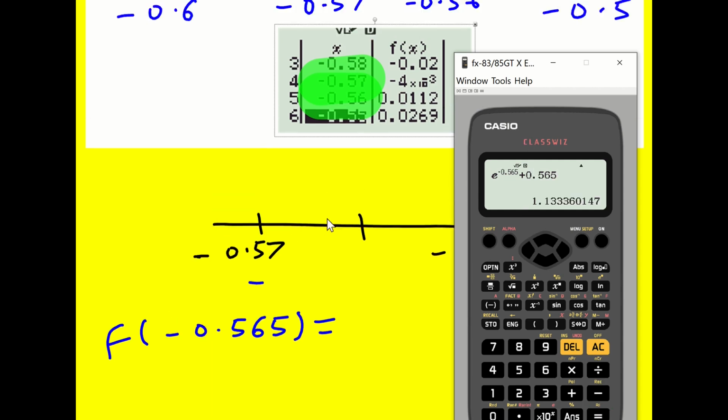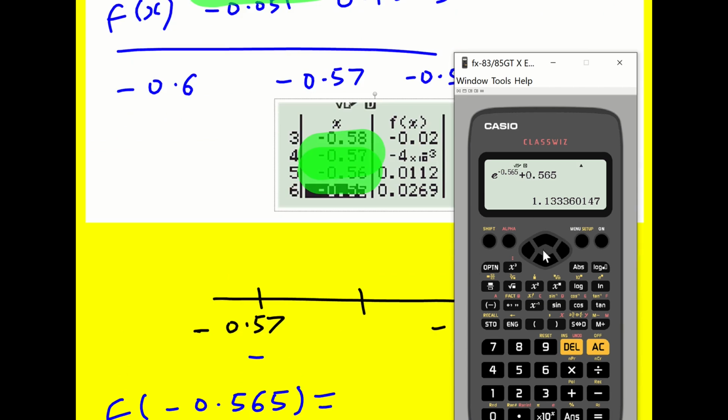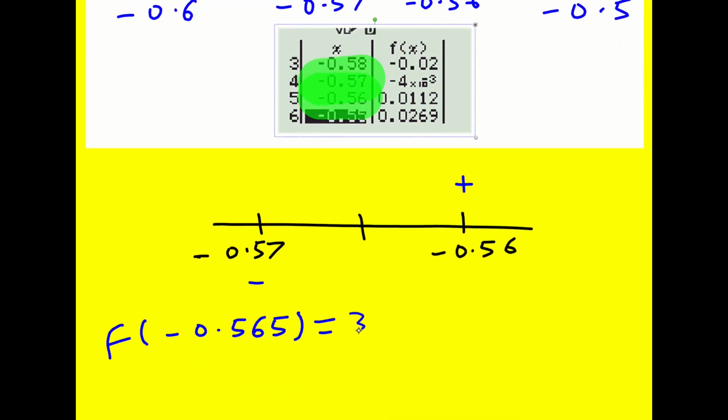I think I've made a mistake. Sorry, because it's e to the x, that should have been minus. Okay, there we go, 3.3601 times 10 to the minus 3.